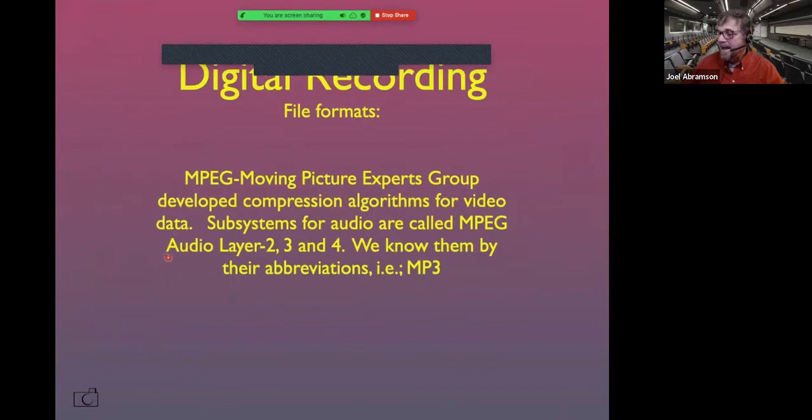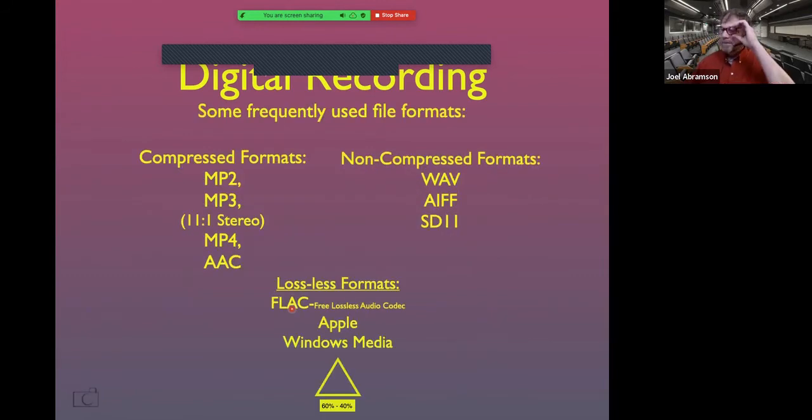They had MPEG audio layer 2, layer 3, and layer 4. We know them as MP2s, MP3s and MP4s. There are all sorts of file types; if you look them up, the list goes on and on, but MP3s are one of that long list that we know of.